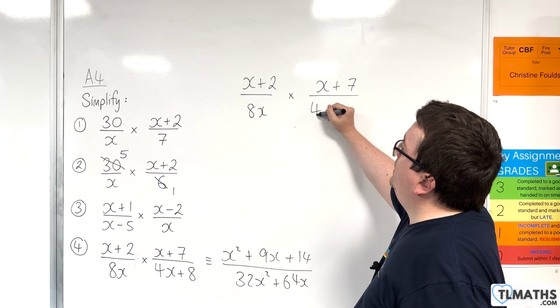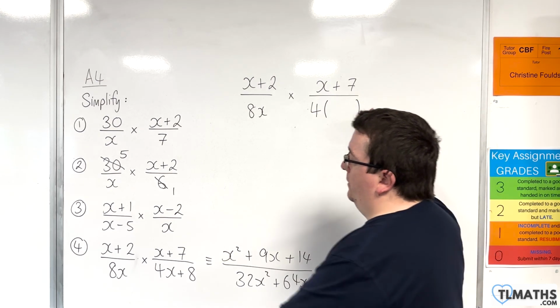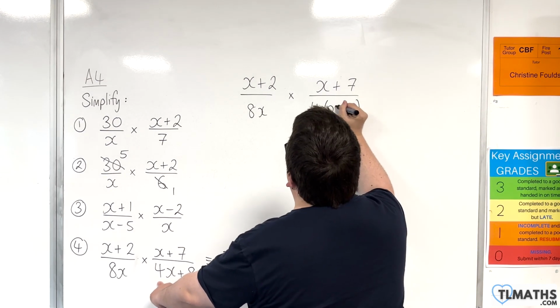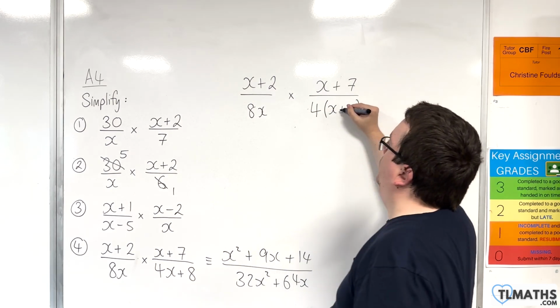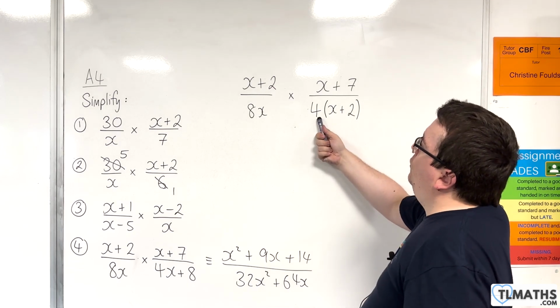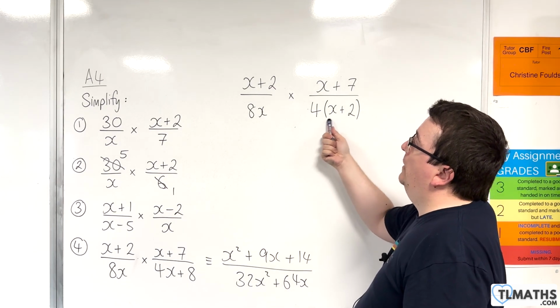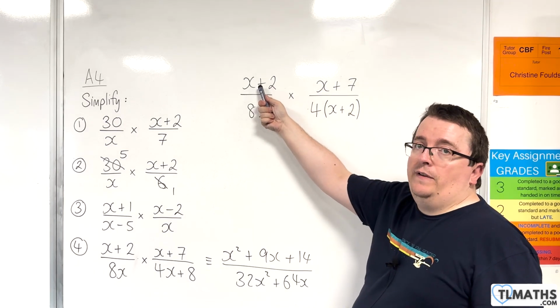So if we were to factorise that, we could factor the 4 out, and inside the bracket, 4x divided by 4 is x, and 8 divided by 4 is 2. Now notice how here we have a factor of x plus 2, and here we have a factor of x plus 2.